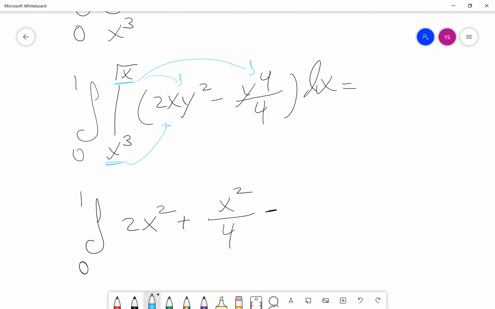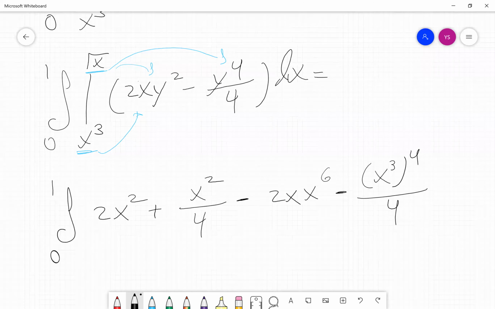Okay, so then you subtract the x cubed, so that is 2x times x cubed squared, which is x to the 6th power. Minus, I'll just write x cubed to the 4th over 4.